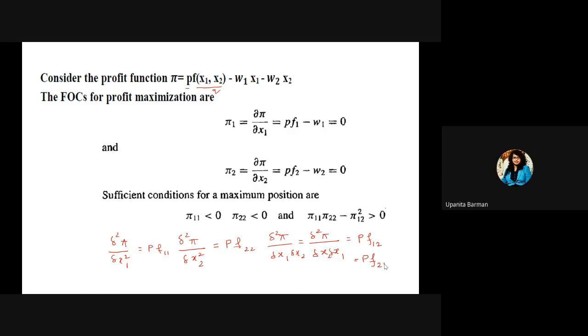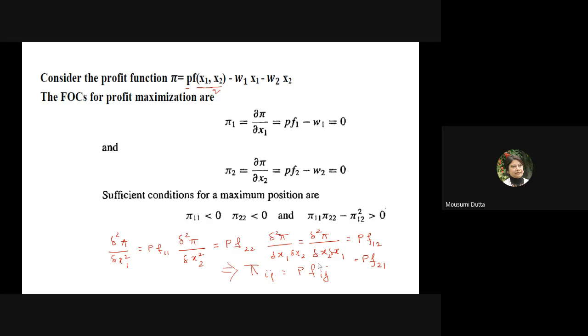So from this, we can write this thing. If i is equal to j, in that case also it holds. If i is not equal to j, in that case also it holds.